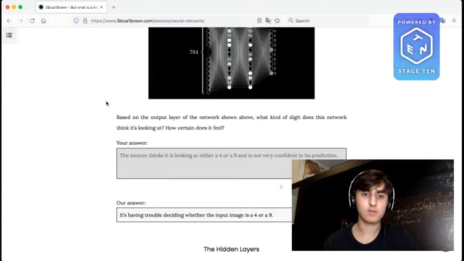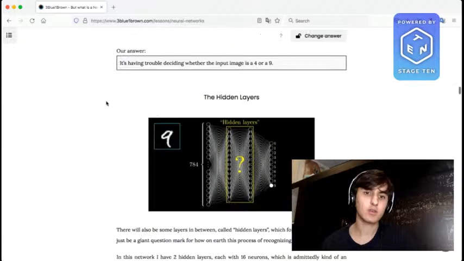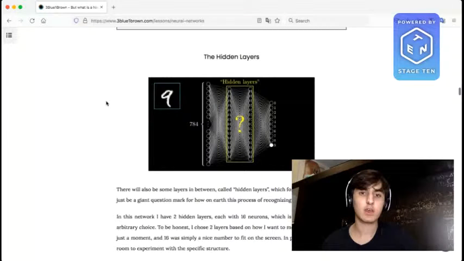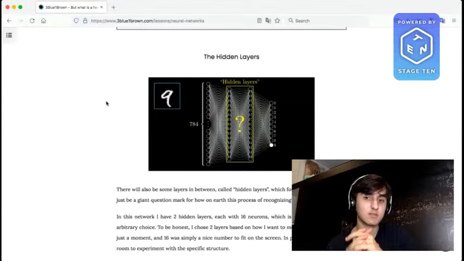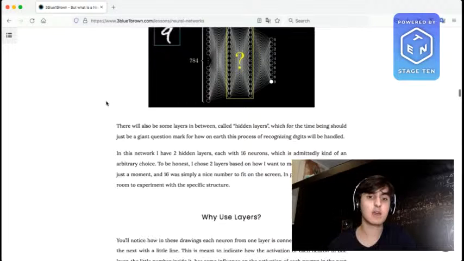Alright, so let's move on. The hidden layers. There will also be some layers in between called hidden layers, which for the time being should just be a giant question mark for how on earth this process of recognizing digits will be handled. In this network, I have 2 hidden layers, each with 16 neurons, which is admittedly kind of an arbitrary choice.